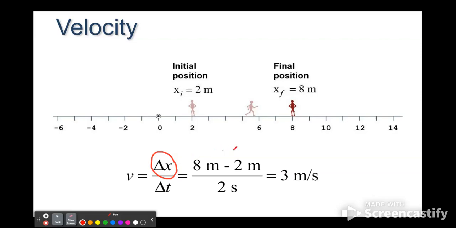When we plug all of this in, what I want to point out is that the change in x equals the final position minus the initial position. So we can substitute that whole expression in for the delta x.